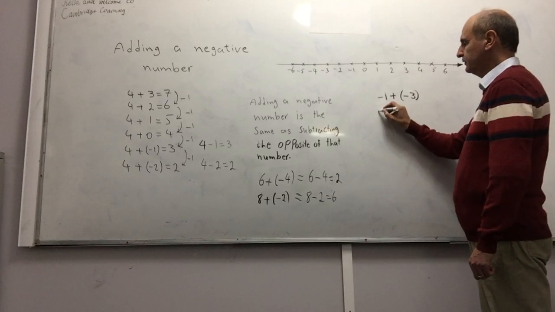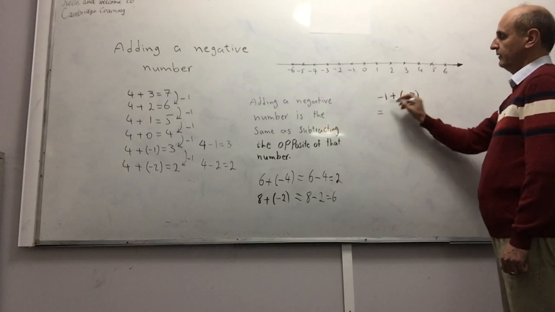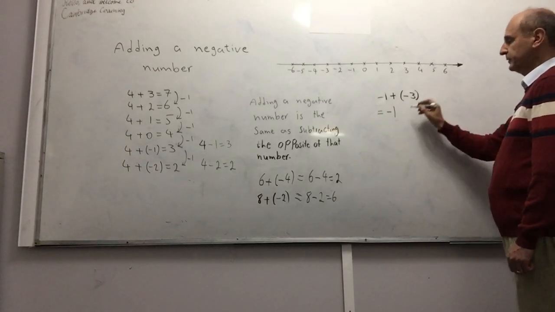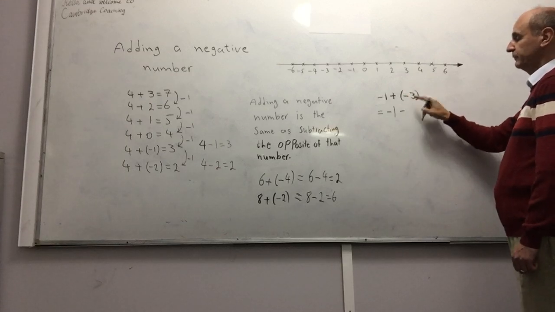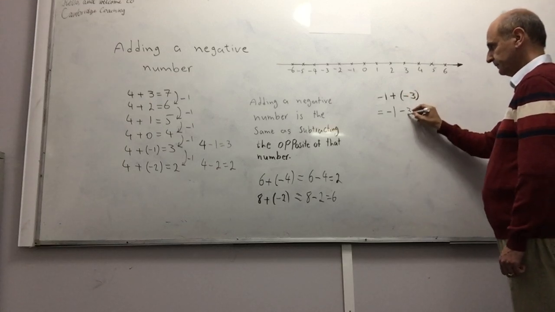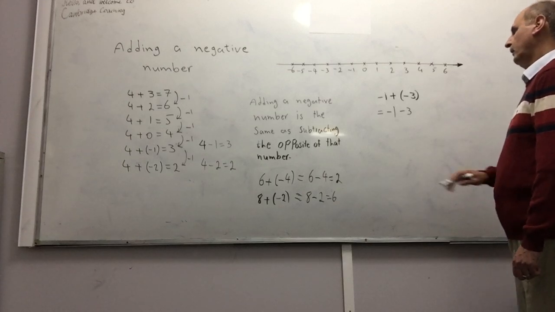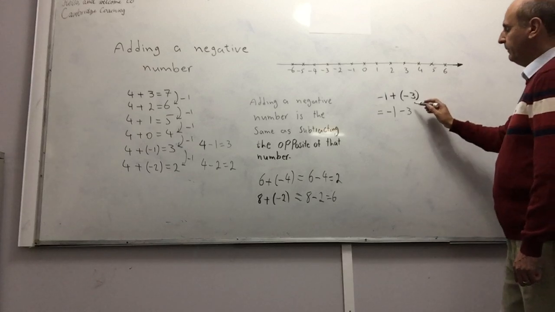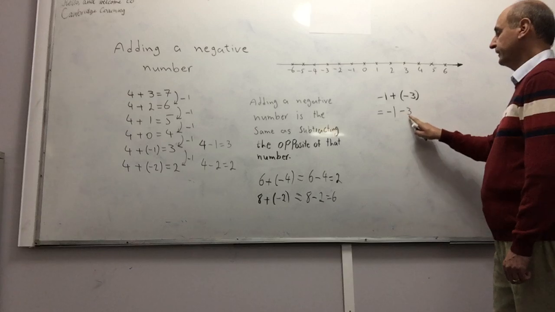So based on what we just said, this is as good as having the first number as it is, but subtracting the opposite of this number, which is 3. Minus 1, minus 3. Alright, how do I work that out? Remember from previous lessons, when you're subtracting a number, you move to the left.